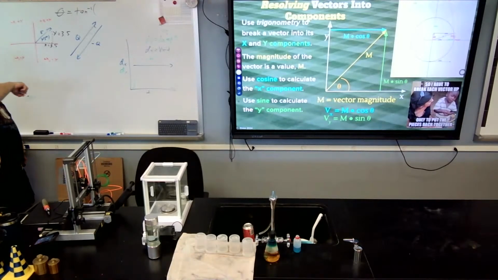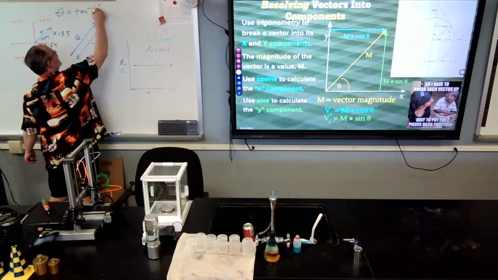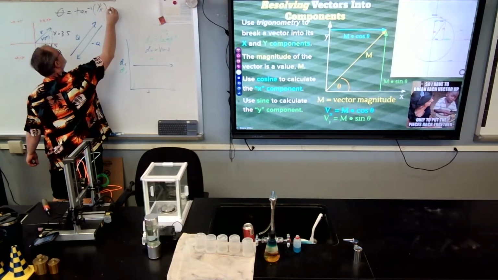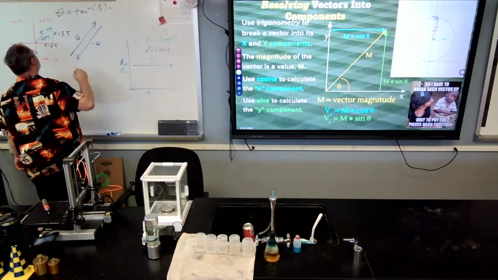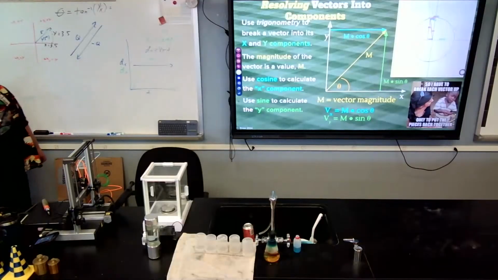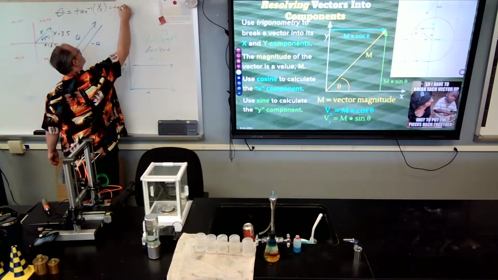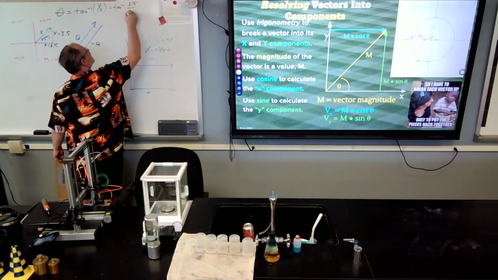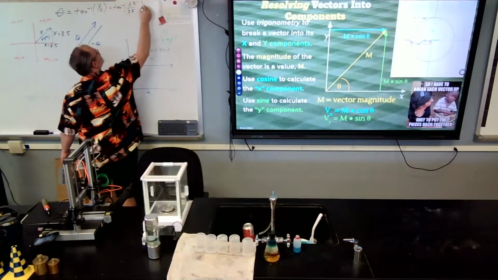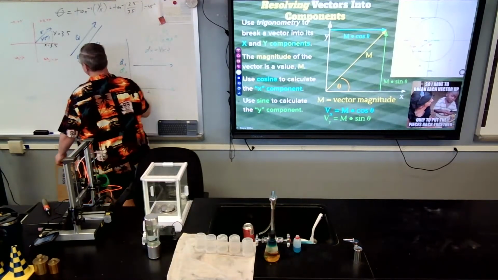For those who remember we did math like that: when you do the inverse tangent of 3.5 over 3.5, what do you get? 45 degrees.